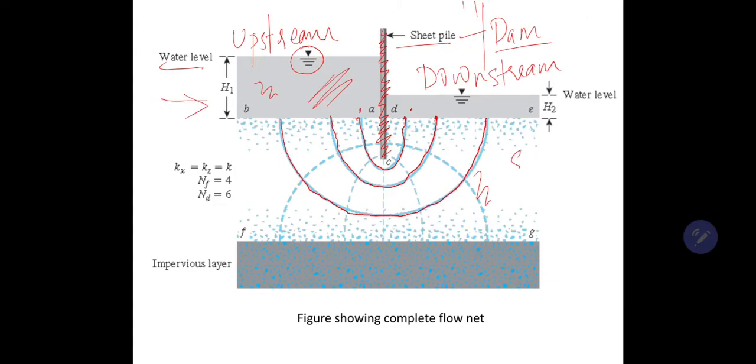This complete part over here is the soil. So the water is flowing from the upstream to the downstream through the soil.